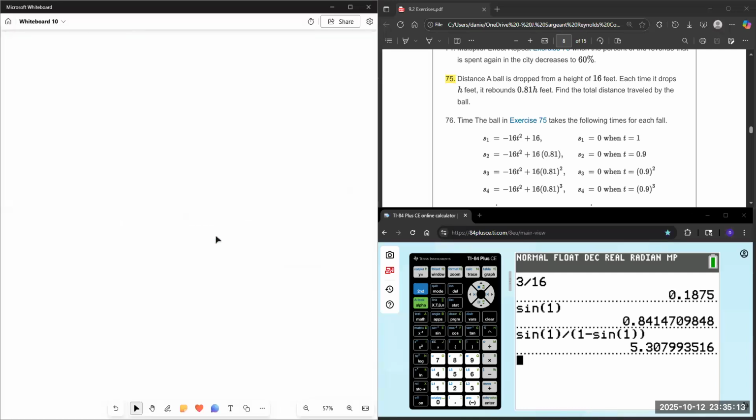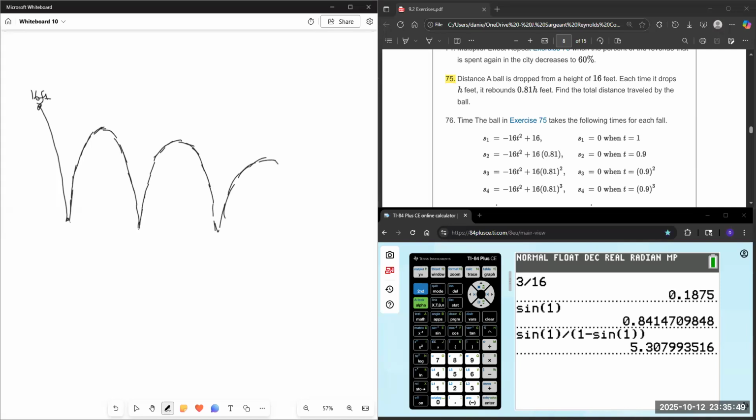All right, let's look at number 75. Distance a ball is dropped from a height of 16 feet. Let's draw a picture here. So we have the ball falls 16 feet first, and then hits the ground, and it goes back up to 81% of its original height, and then comes back down, and then 81% of that height, and comes back down, and so on and so forth, right?